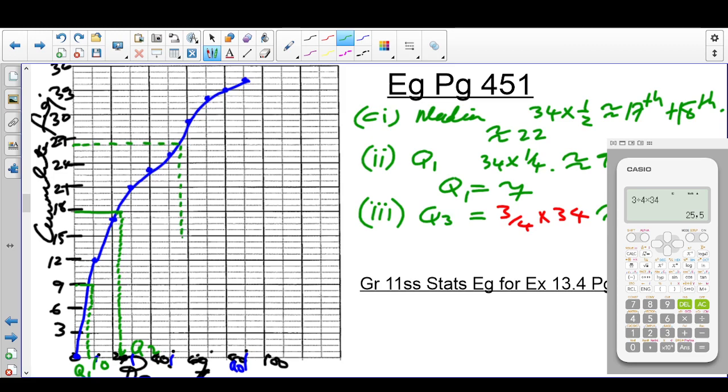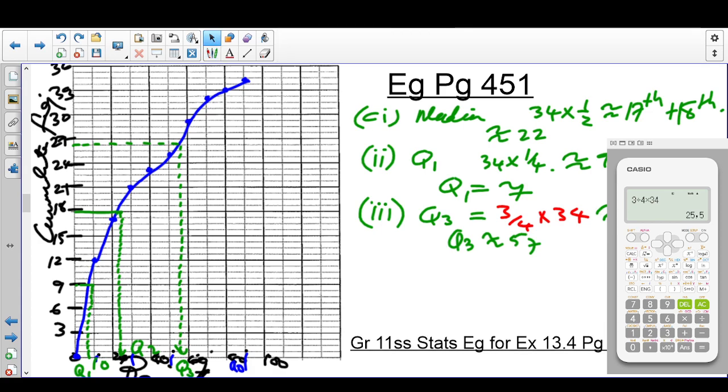Again, I take it down all the way, and then I mark this Q3 at the bottom. So that is 50, so 57. So Q3 is approximately 57, and the value that they get is 53, which is not too far out, considering my graph is not really drawn to scale there.